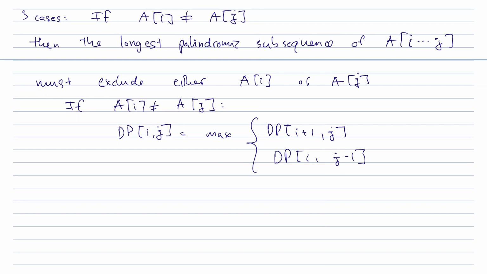Okay, so let's look at the other case, where A_i is equal to A_j. The simplest thing we can do is, the longest palindromic subsequence might include both A_i and A_j, and that's certainly an option.